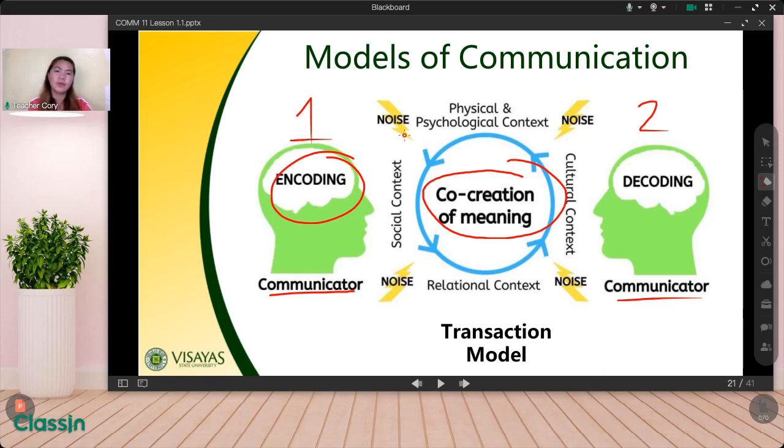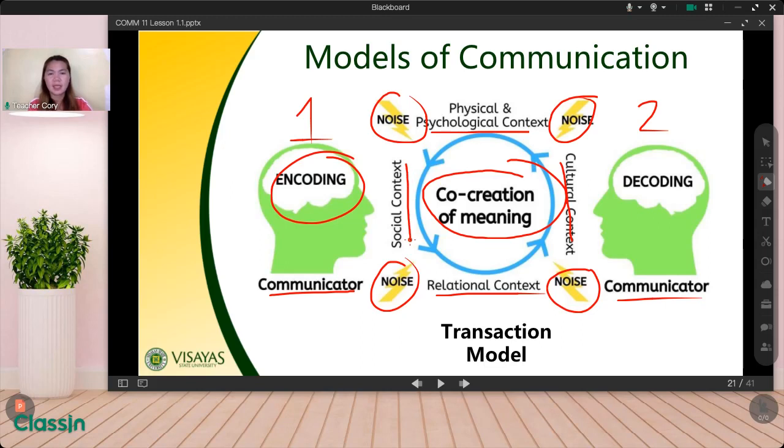Here we, of course, have to acknowledge noise, different noises, which can be relational, cultural, physical and psychological, and social context. There are already different areas and factors interrelating here that can affect communication.